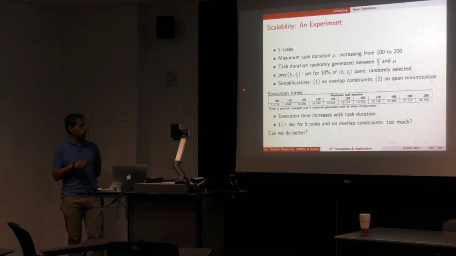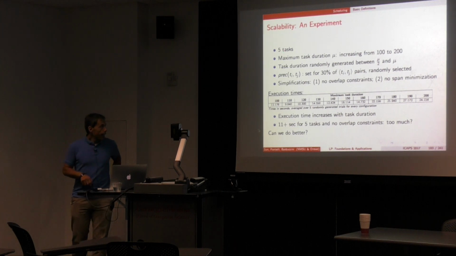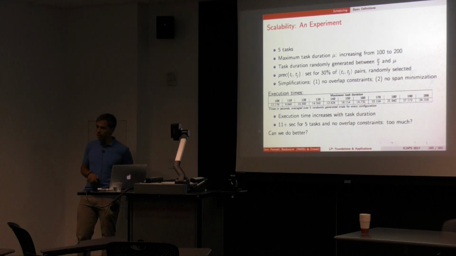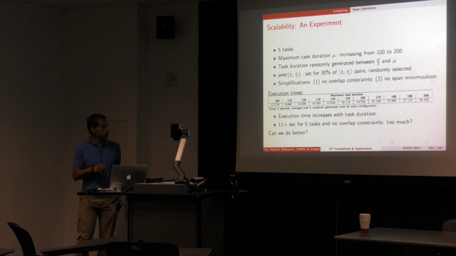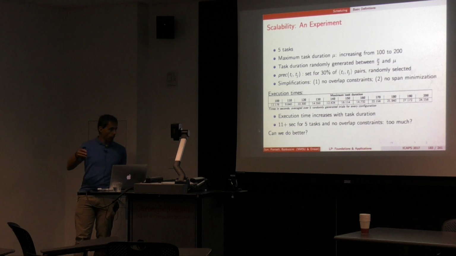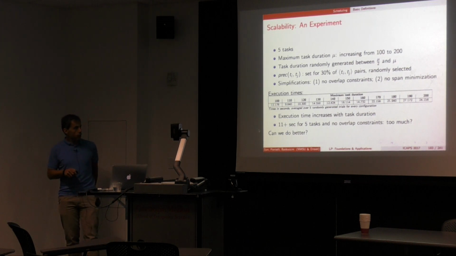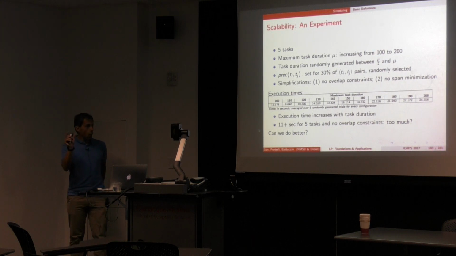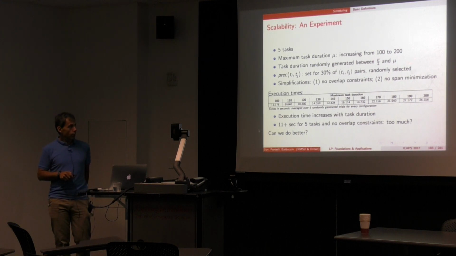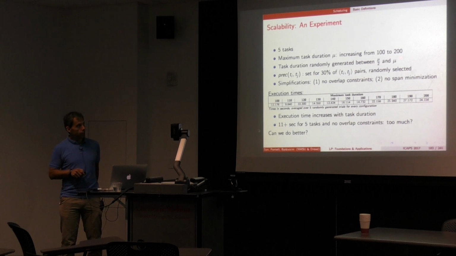So in this small experiment, I took 5 tasks, and I considered different durations for these tasks. The durations were randomly assigned over values ranging between 100 and 200. I considered different trials. In the first trial, the maximum task duration was 100, and the duration for each of those 5 tasks was randomly generated in the interval between 50 and 100.